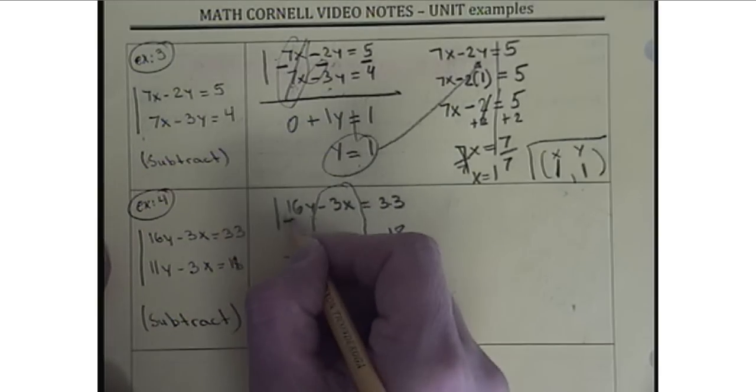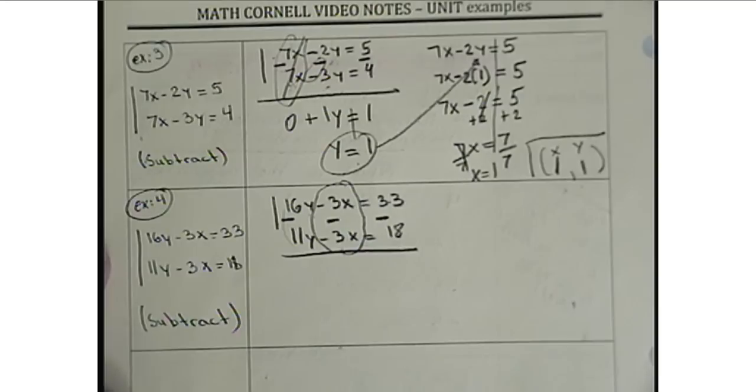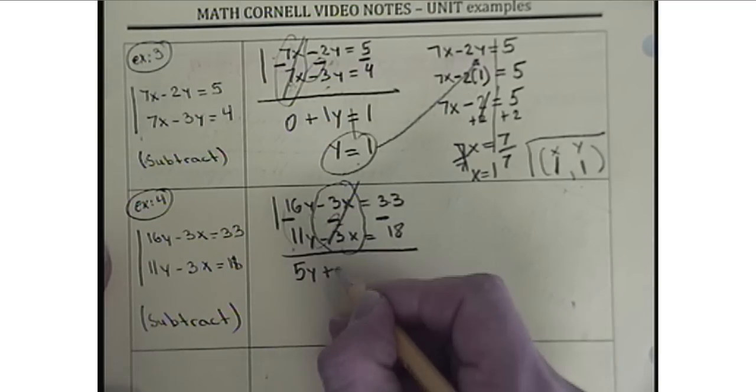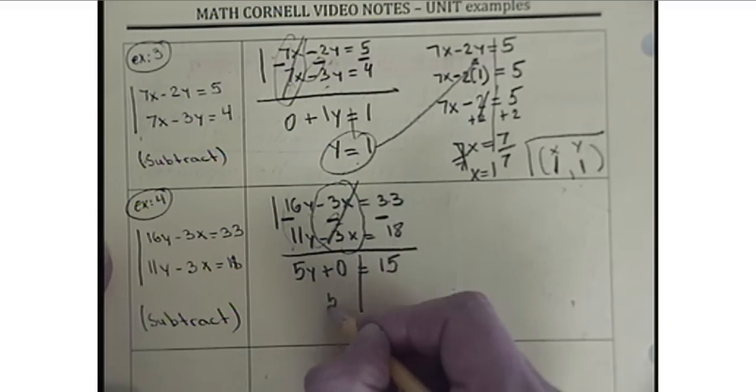We will subtract those two, those two, and those two. 16 minus 11 gives us 5y. Negative 3x, with the two negatives changed to plus, plus 3x, will cancel. We have plus 0 equals 33 minus 18, which is equal to 15. Solve the equation, 5y equals 15. Divide by 5 on each side, y equals 3.